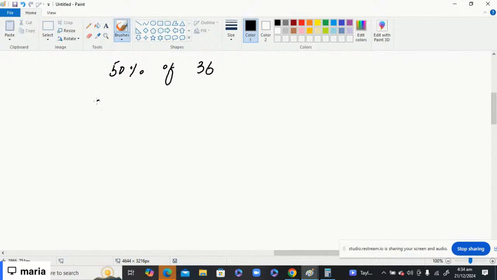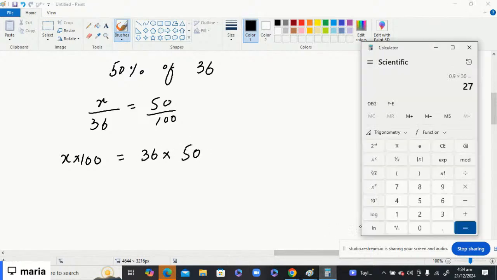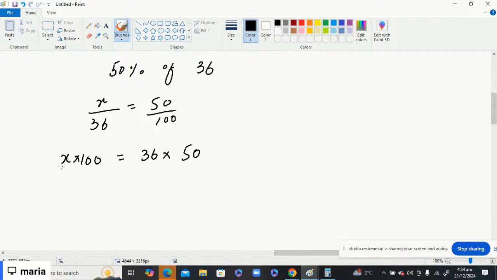So now part over whole, 50 over 100. So x times 100 is equal to 36 times 50. That is 1800.